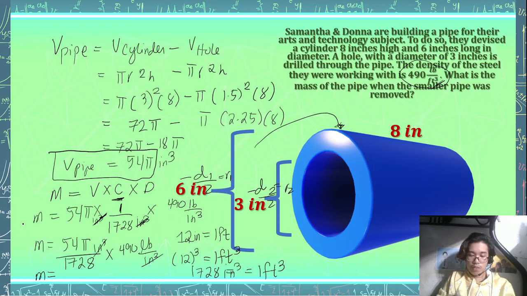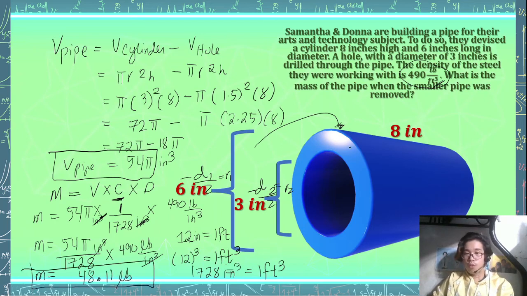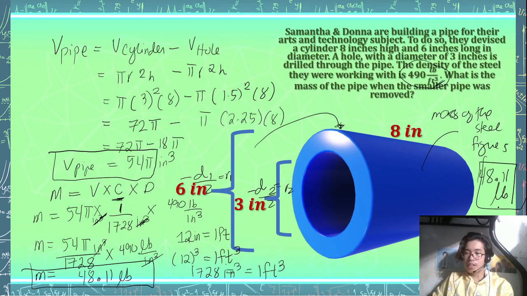So that should give us 48.11. Therefore, the mass of our given figure here is equal to 48.11 pounds. So the mass of the steel figure is 48.11 pounds. And that's the answer to our problem, and that's how we solved it.